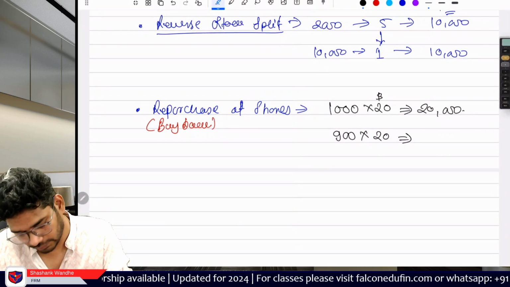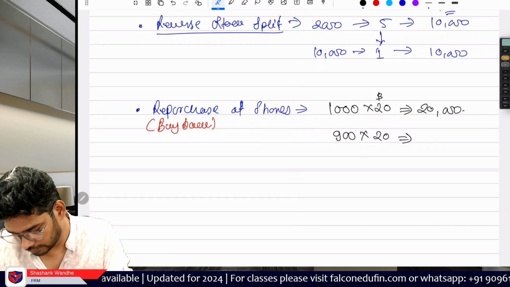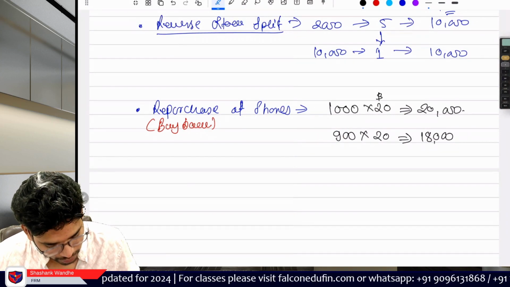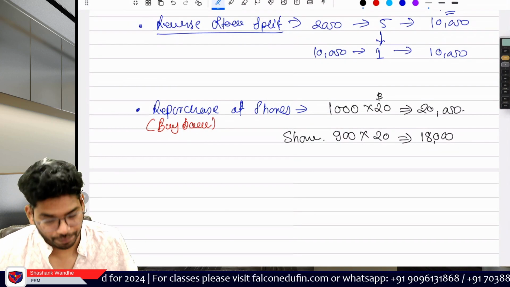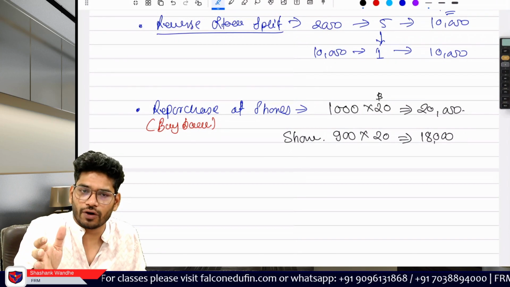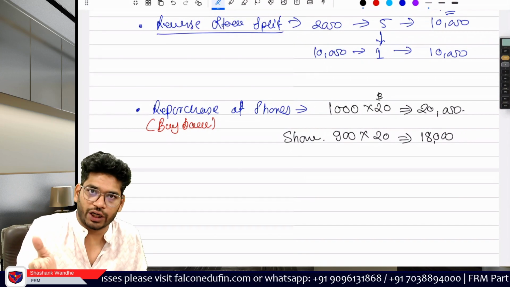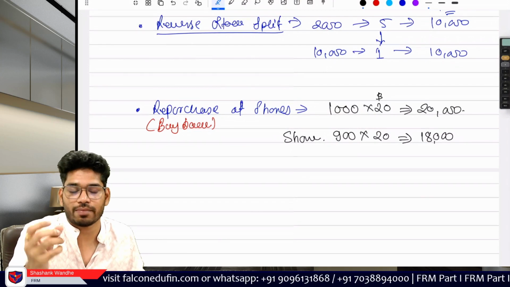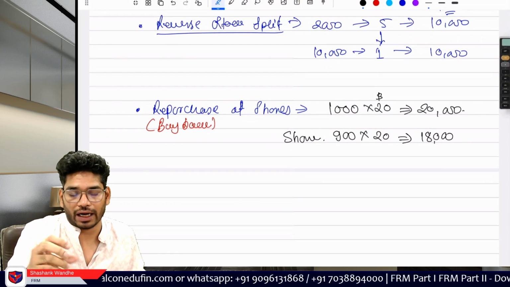Remember, it is 18,000. But remember, the company purchased 100 shares from you, and let's assume for now the company purchased it at 20 only. Okay, so obviously it is generally the market price or slightly more than the market price. It is never below market price.